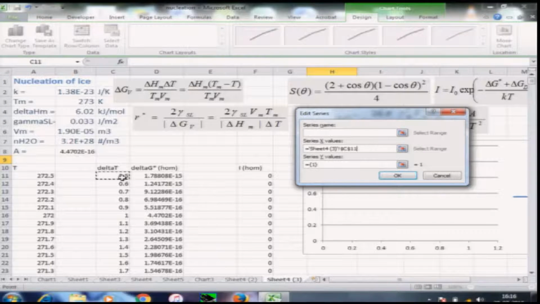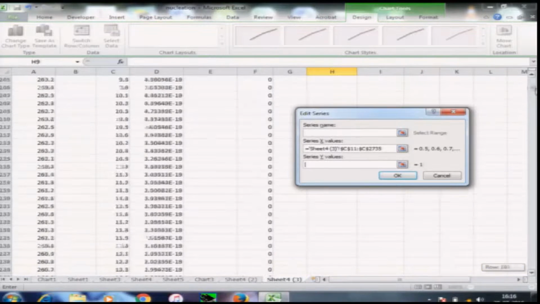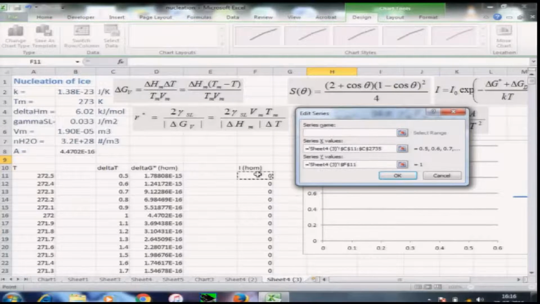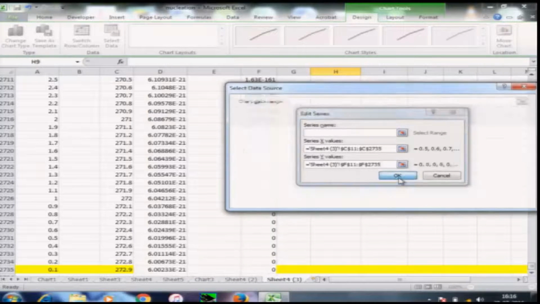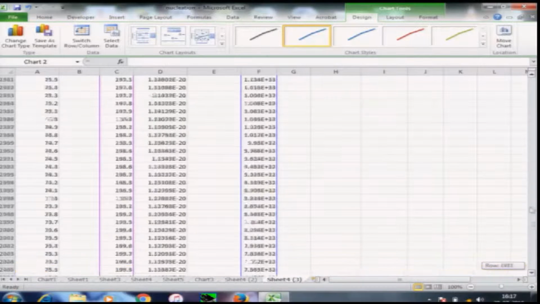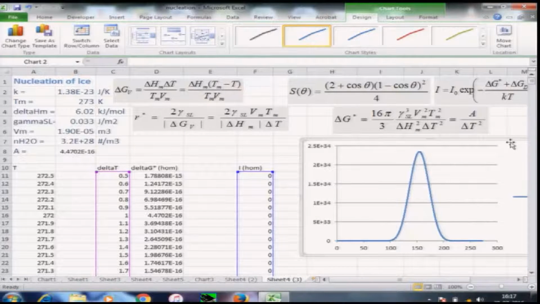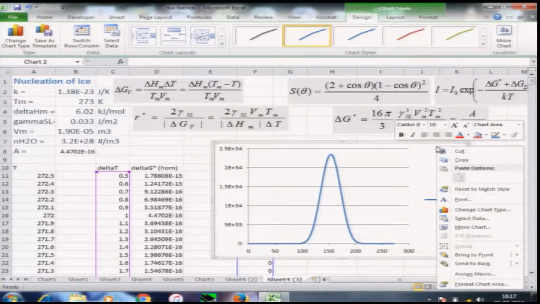So, x values are my delta T. So, press shift and down arrow key and I will select the entire column and I have got the x data chosen. Similarly, I will select the y data now, which is the nucleation rate. Again, I select this and I click OK, again OK, and I should have the plot for the nucleation rate.